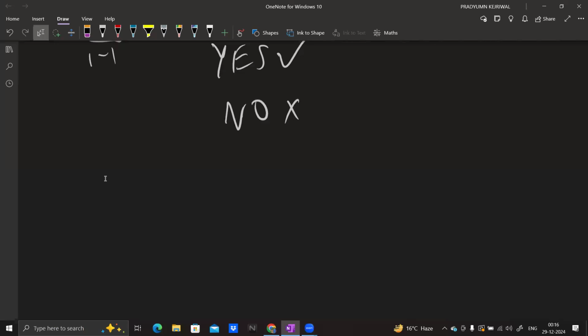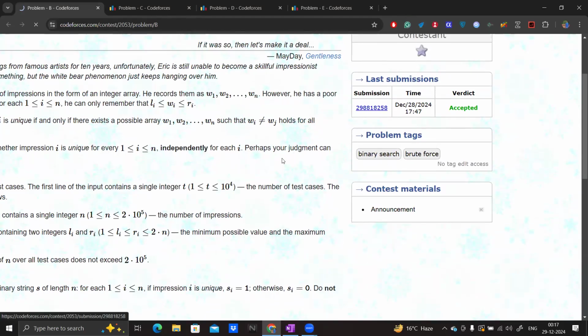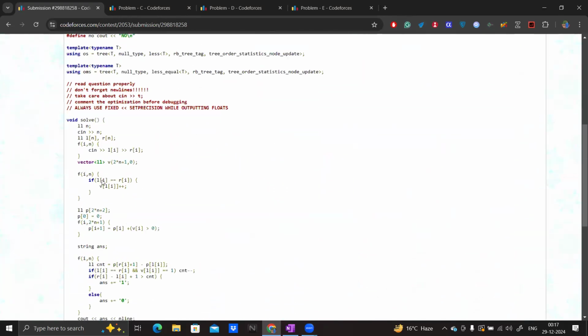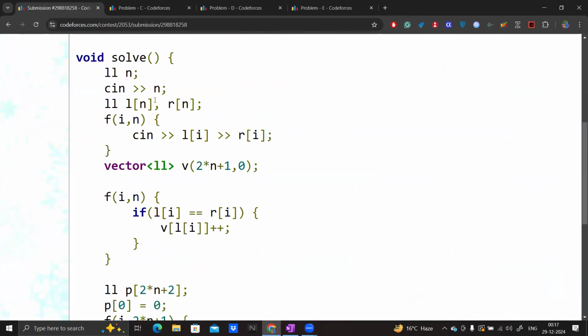Okay, if it is clear, then I'll show you the code. The code is this. I'll just take the input, int n, int m.